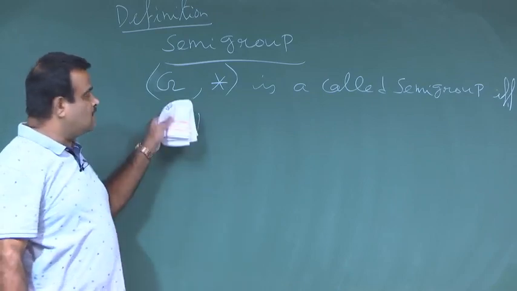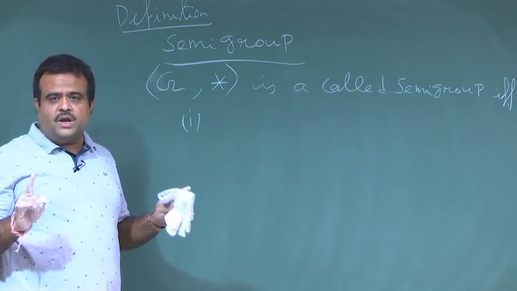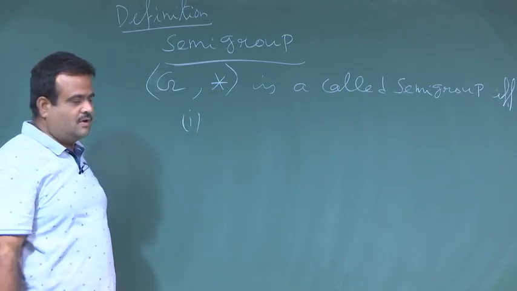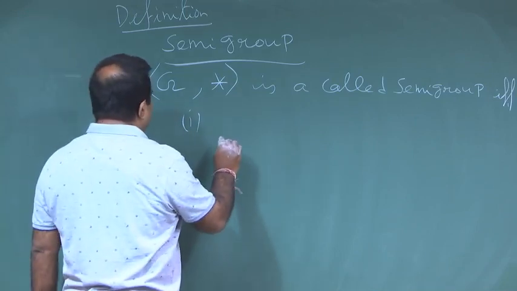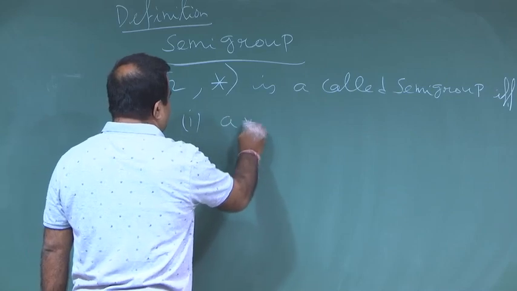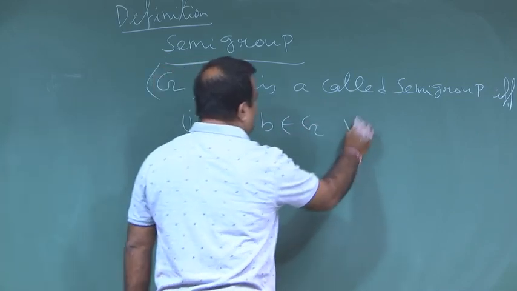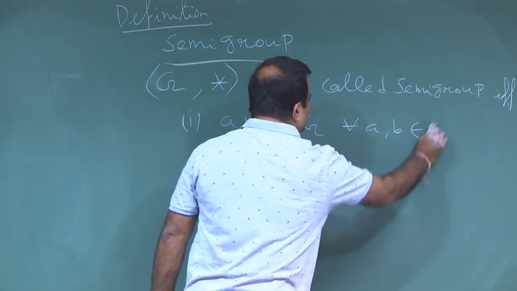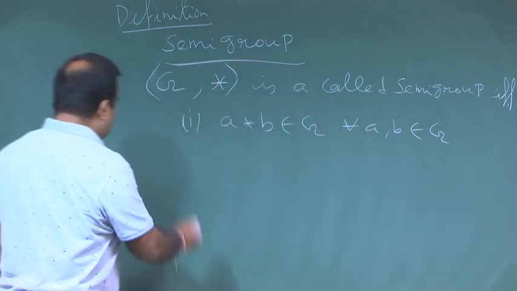So, that means this is a groupoid. First of all, this has to be a groupoid and then it is associative. So, closure property means A star B belongs to G for all A, B. This is the closure property.